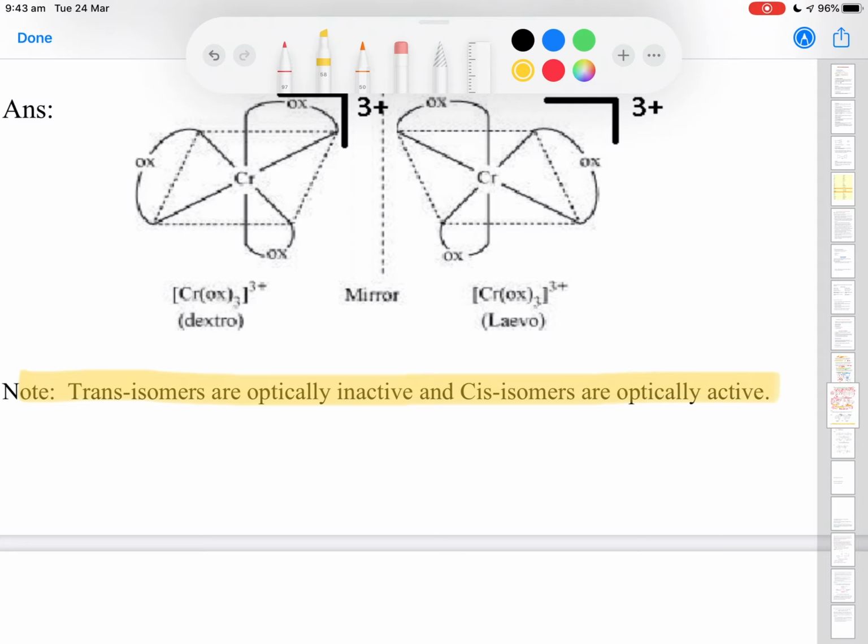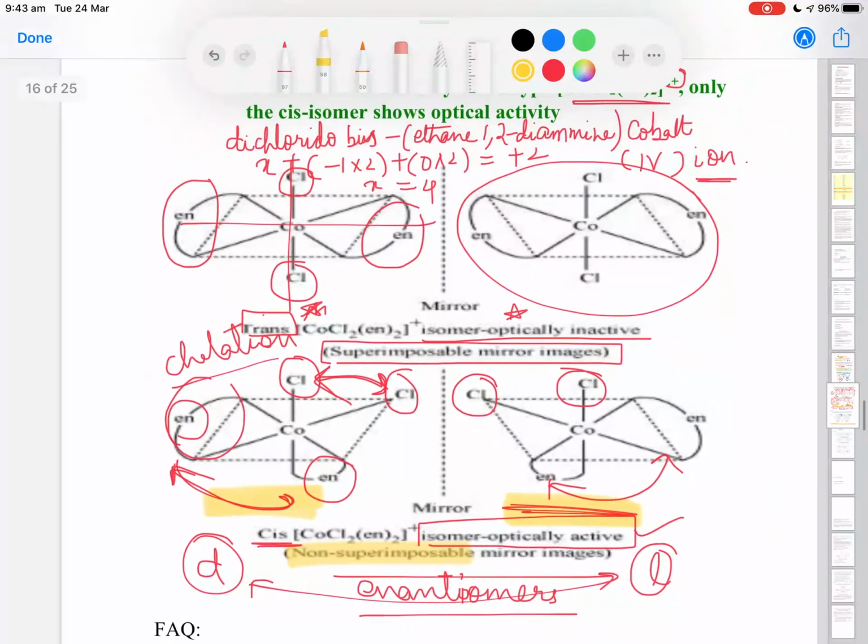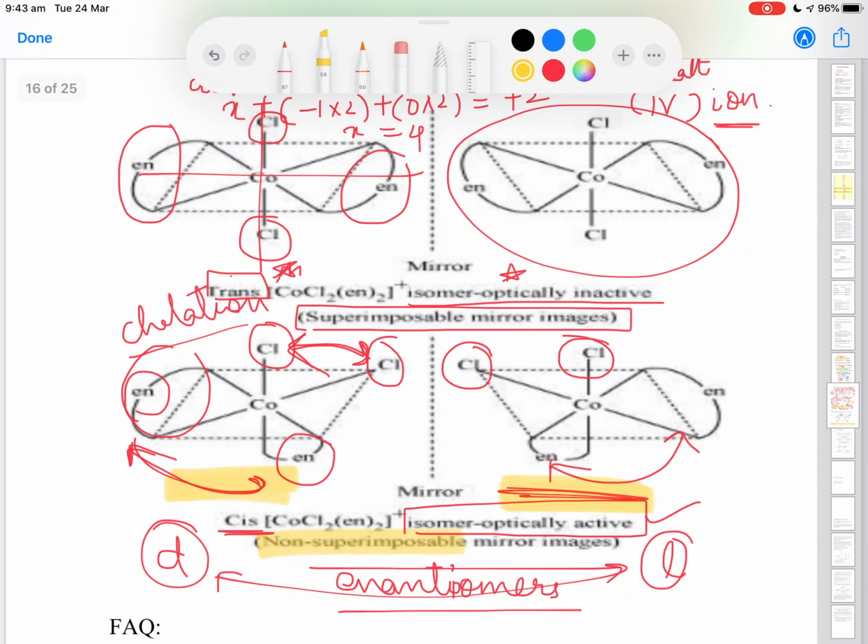So in such type of complexes, as I mentioned over here, the total number of isomers, if they ask you, this is a very, very important board question, okay? You are going to write the number as 3. How 3? 2 geometrical isomers, that is 2 originating from cis and trans.